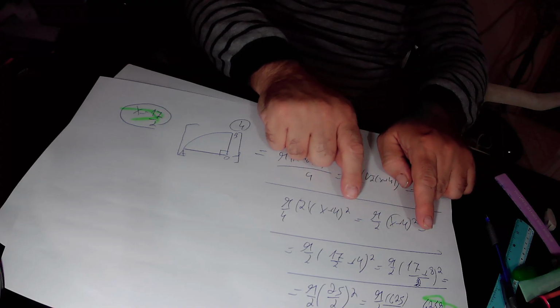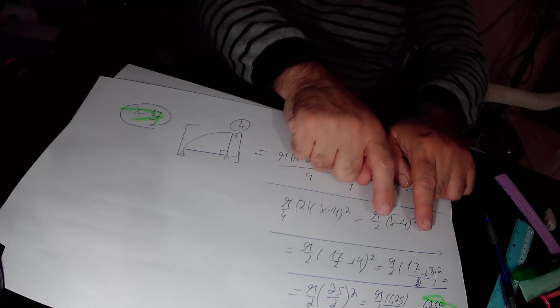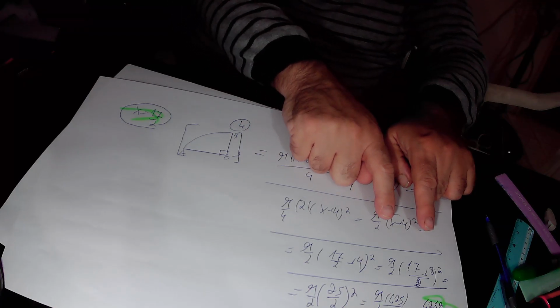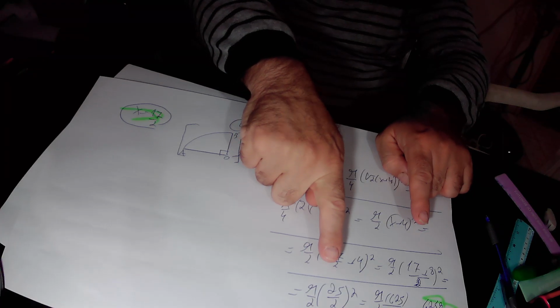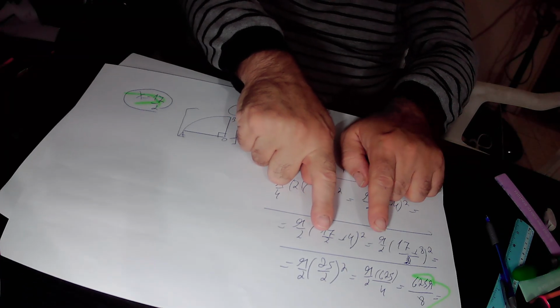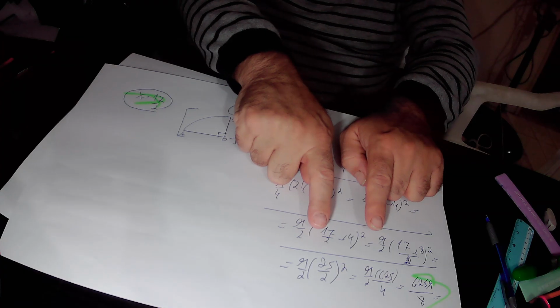So in total, the area of quarter circle A or B equals pi over 2 times ((17 plus 8) over 2) squared. 17 plus 8 is 25, so the area of quarter circle A or B must equal pi over 2 times (25 over 2) squared.